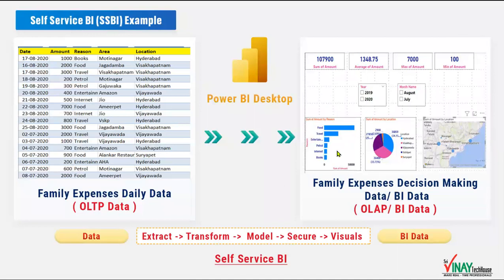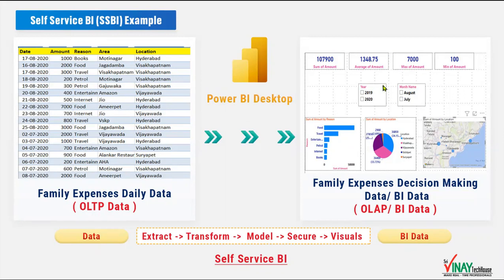So if I select 19, top spending and bottom spending. And contribution: what percentage of money I spent on food, on travel, and so on. And what locations I traveled to in this period, I want to see in the locations category. So from this data, this is the kind of report I want to generate. Even your hostel data, your family expenses, anything you take, you can generate a report like this after this example.